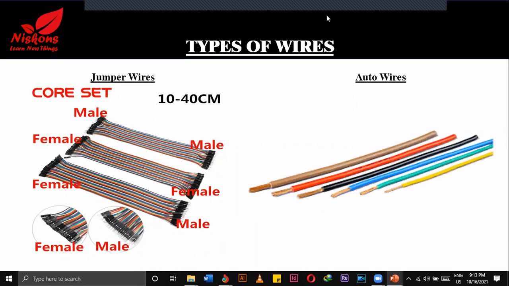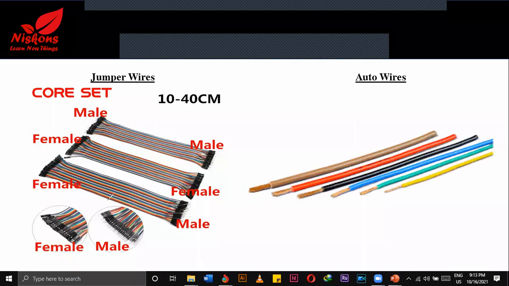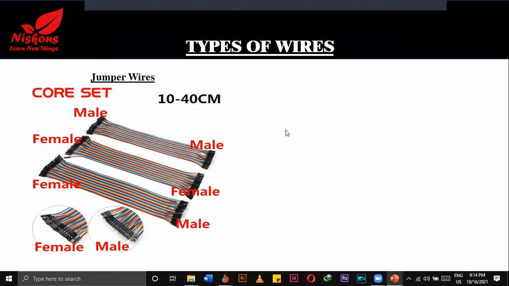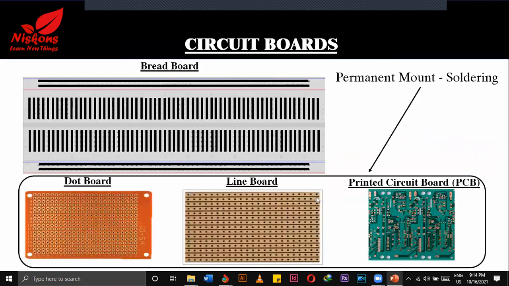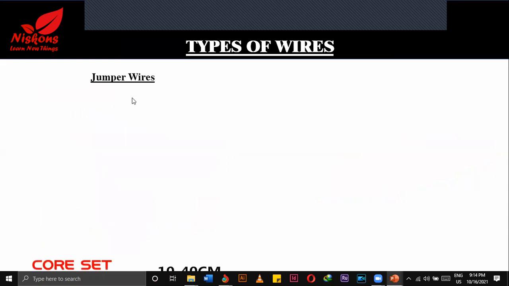Male to male wire means we will have pins on each cable, right? Using this pin, we can connect it into the breadboard.